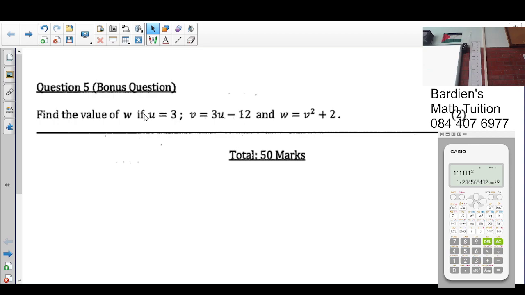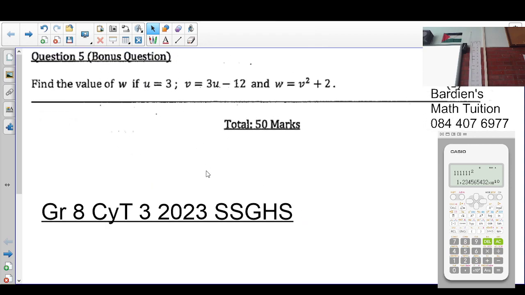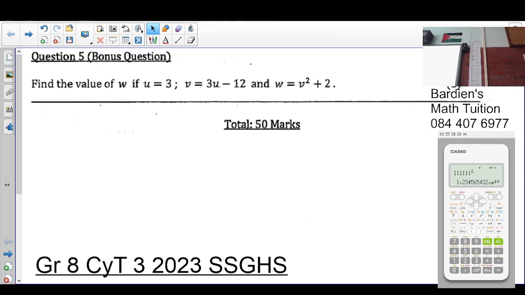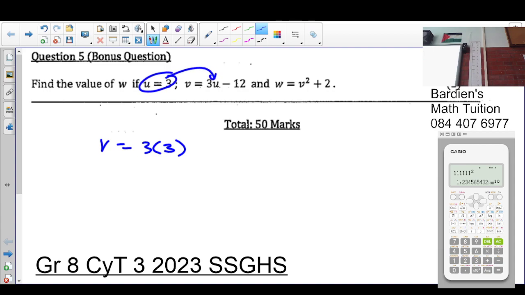It's an easy one, eh? Find the value of W if U is 3, V is 3U minus 12. So V is simply going to be 3 times 3. Remember, U is now 3. Minus 12. 3 times 3 is 9. And 9 minus 12 is negative 3.